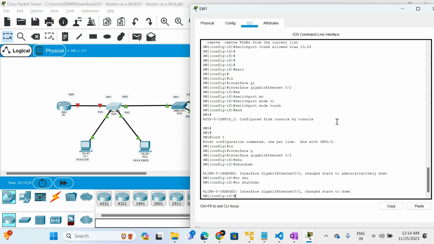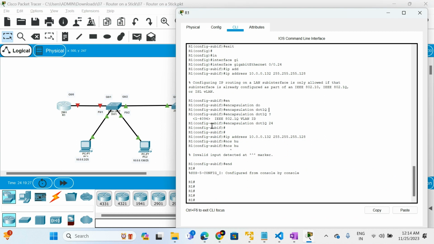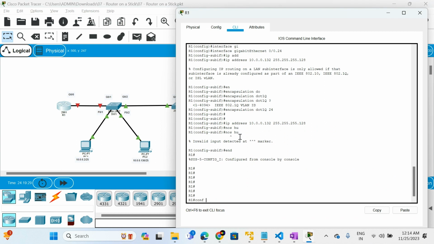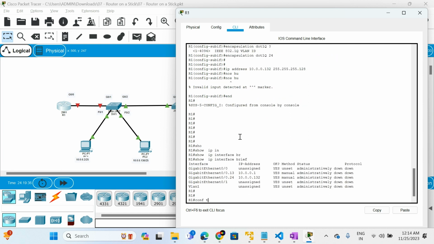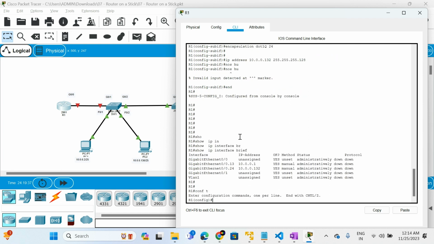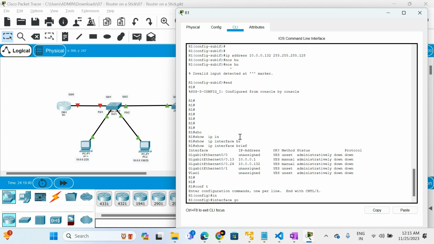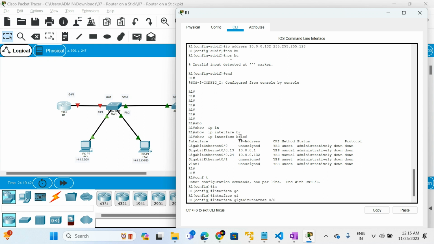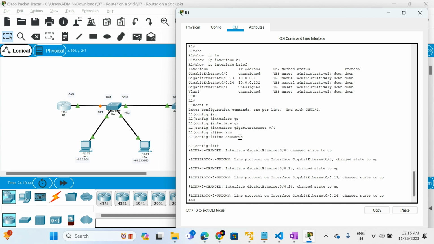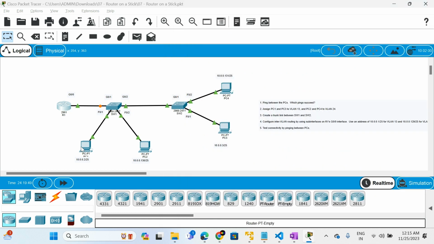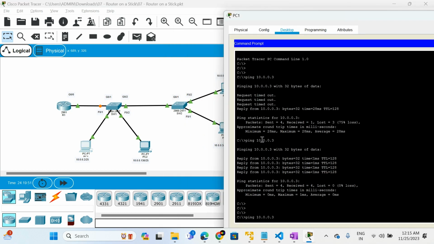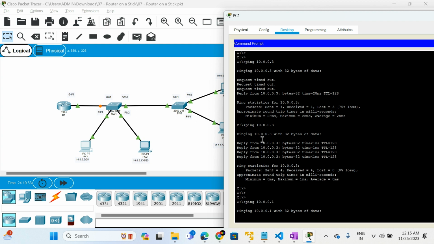No shut here as well, on both. Show IP interface brief. Show conf, interface gig 0/0, no shut. It's up. Now if I test connectivity to my network, it will ping.